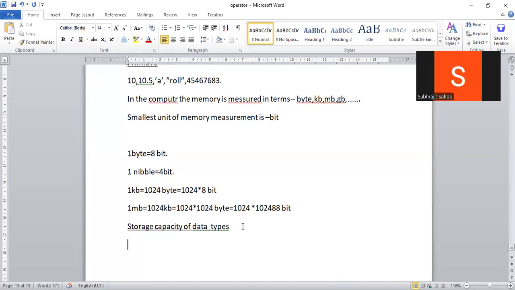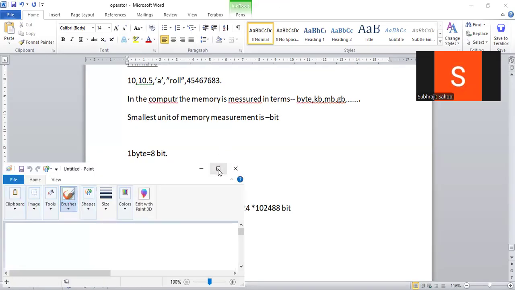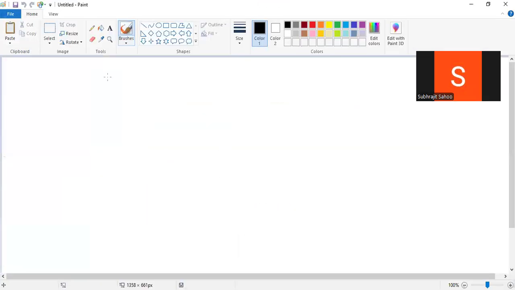I will write it in the Paint software, then copy and paste here. So, storage capacity, right? First, I will start from the smallest storage.